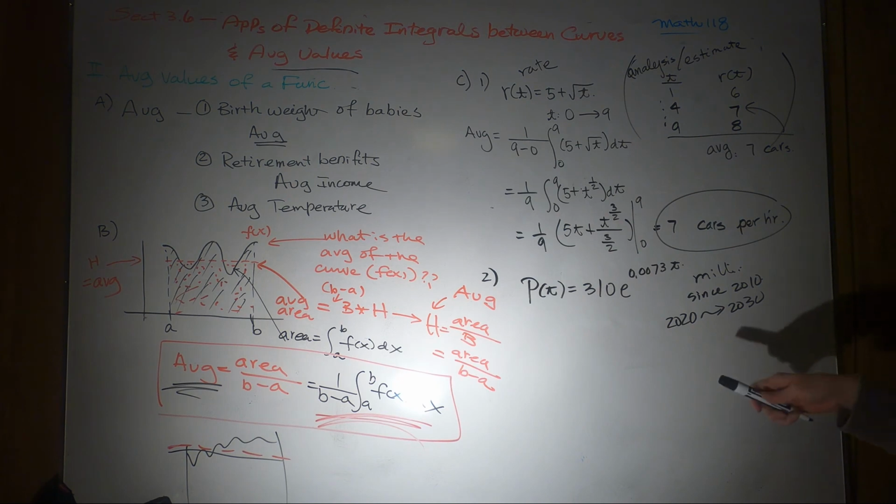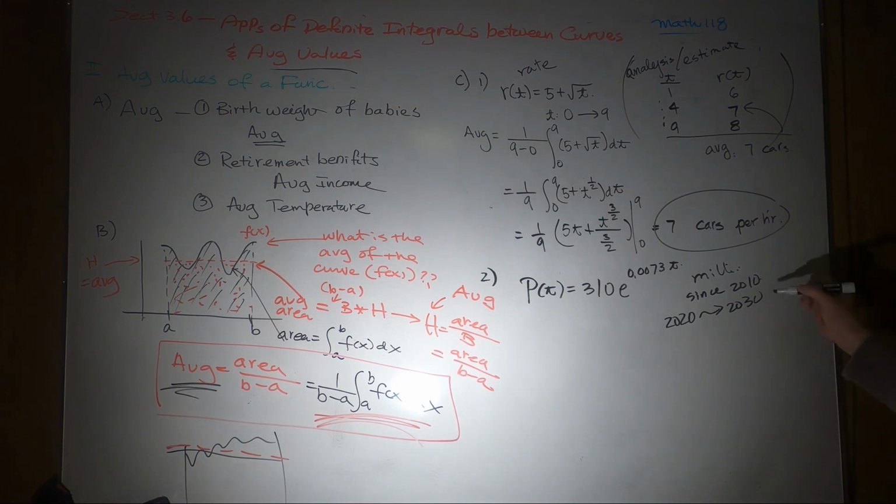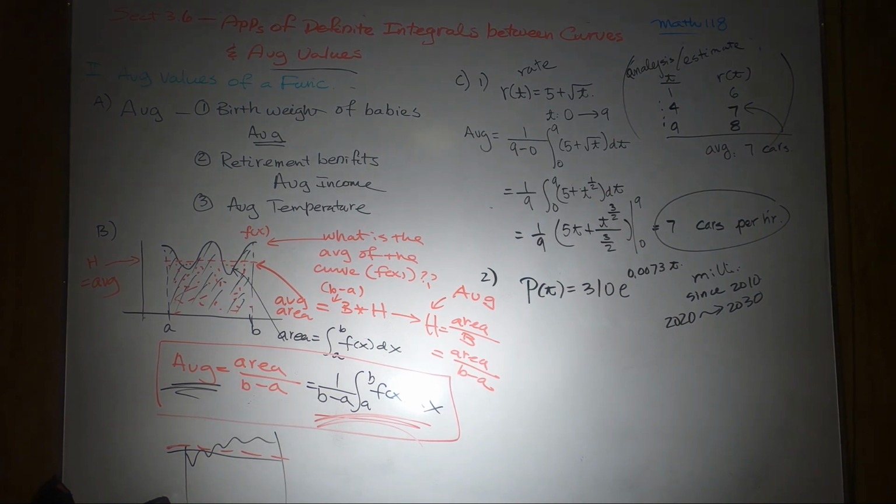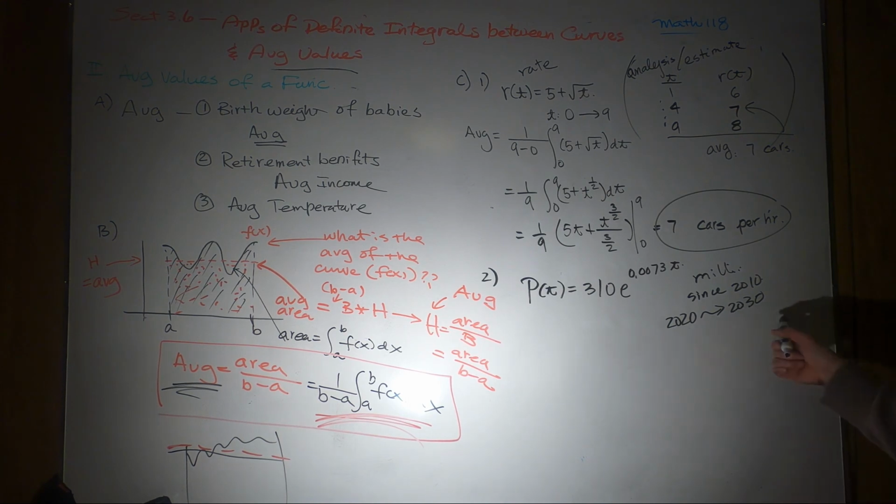Then they ask what kind of projection we have during 2020 to 2030, what's the average population, right? So they can allocate the budget and provide whatever services they need to. So we want to find the average population between this time.